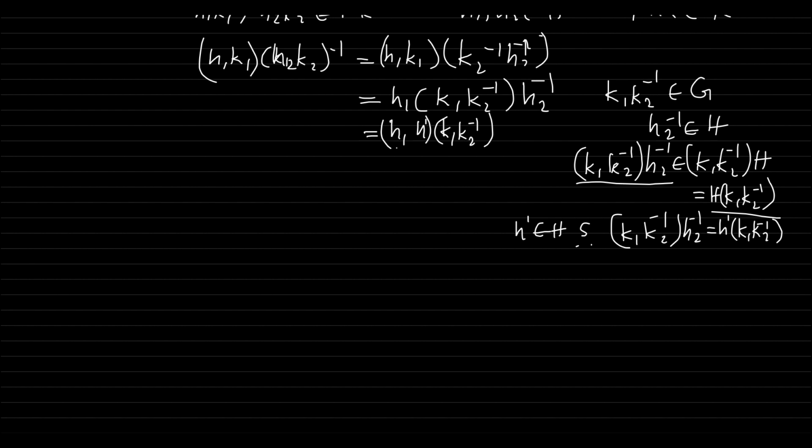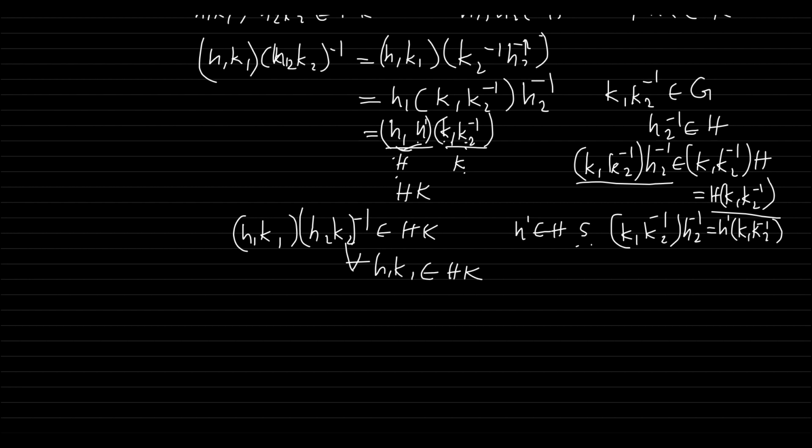Here H1 and H dash belong to H, therefore this product belongs to H, and K1, K2 are elements in K, therefore K1 K2 inverse belongs to K. So the first part is in H and the second part is in K, and therefore the product will be in HK, which means (H1 K1)(H2 K2) inverse is in HK for all H1 K1 and H2 K2 in HK.